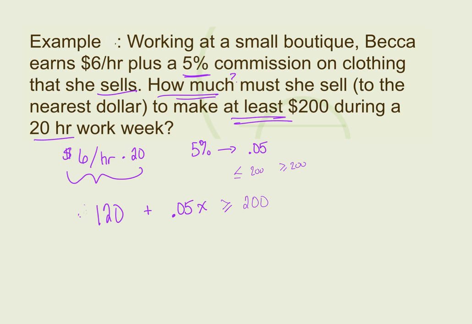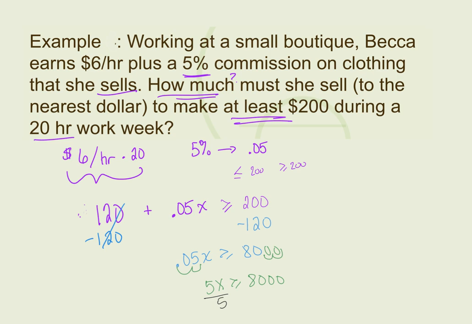Now you could get rid of that decimal if you wanted to, or you can just solve this equation. If you want to get rid of the decimal at this point, remember, you can move it two places. Move everything two places. And you have 5x is greater than or equal to 8,000.